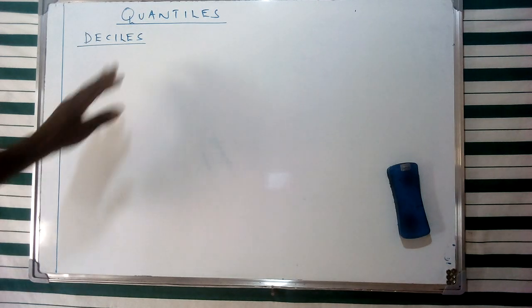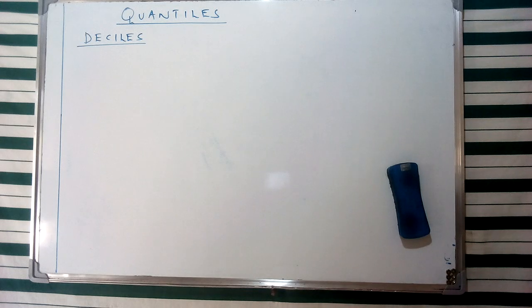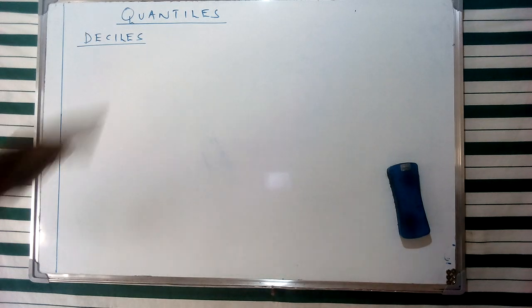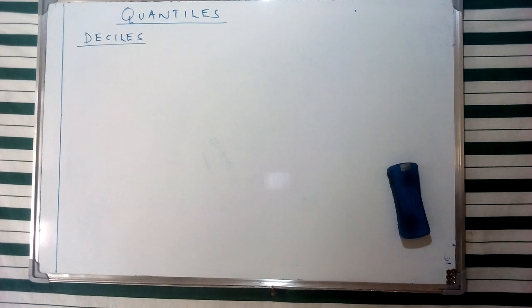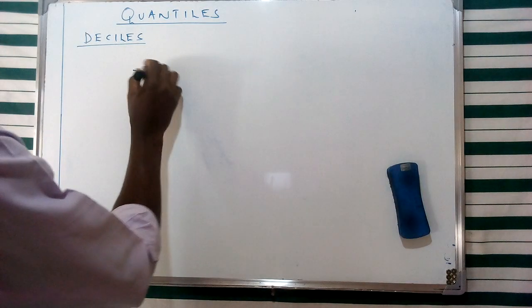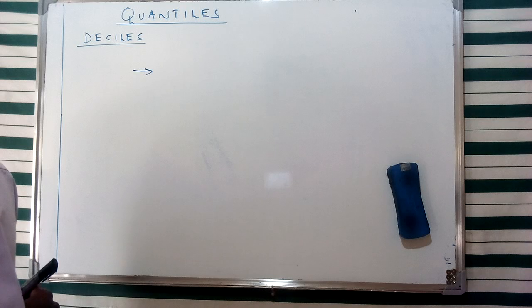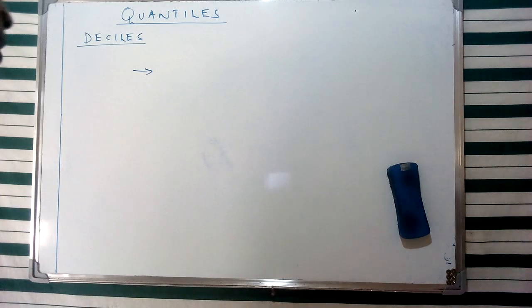Now, in this particular discussion, I'm going to look at a specific set of quantiles, which is referred to as deciles. In our introductory discussion on the concept of averages, I mentioned that we're going to have various types of averages, which constitute the mean, the mode, the median, and the quantiles.